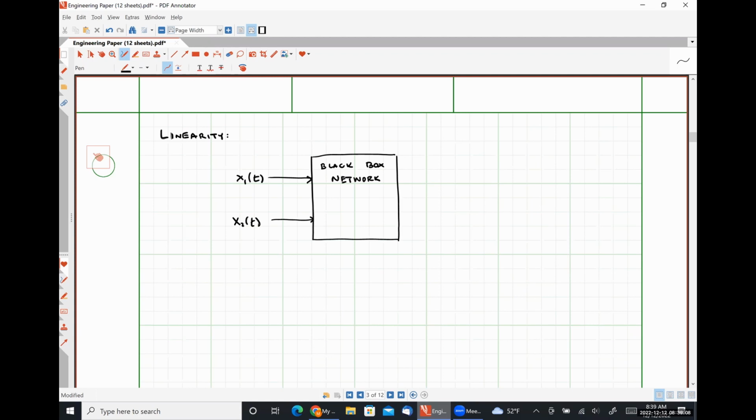And on the right-hand side is where I'm going to take my outputs. Y1 of t, and Y2 of t, okay? So this is just, for our intents and purposes, a different way of looking at circuits. Instead of looking at it from a component level, we're looking at it as a system level diagram, okay?